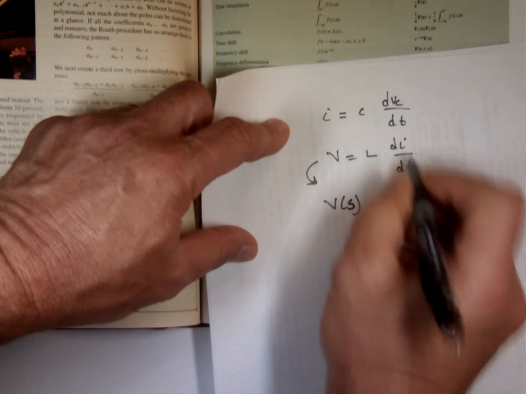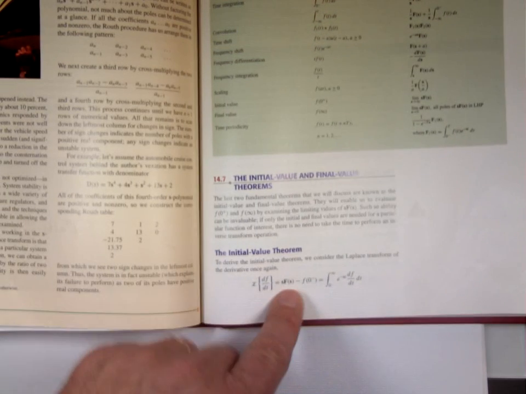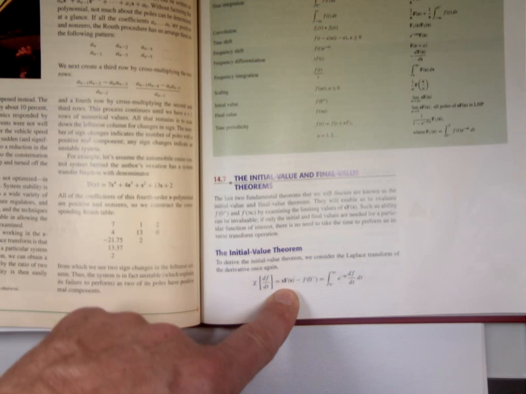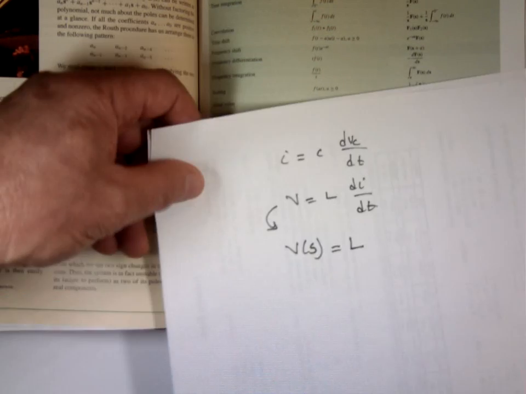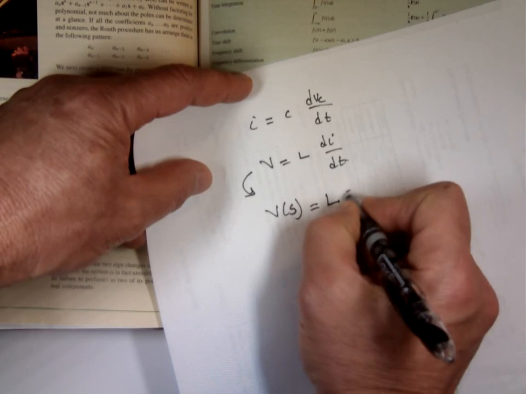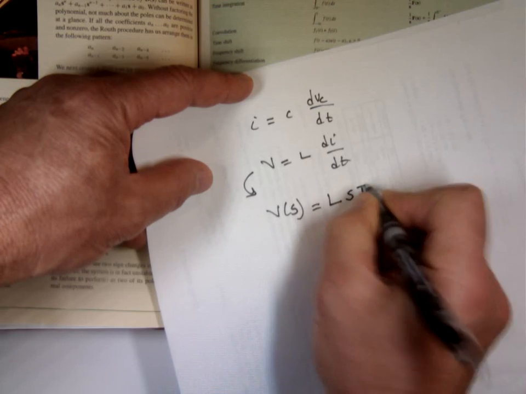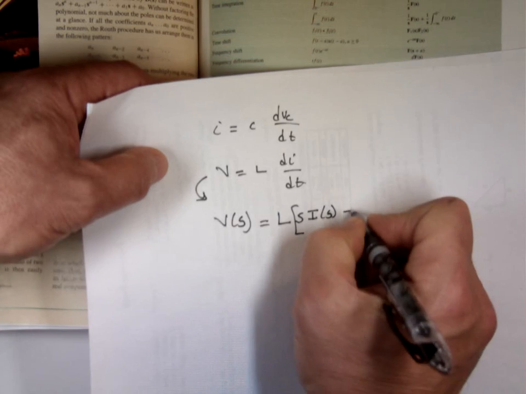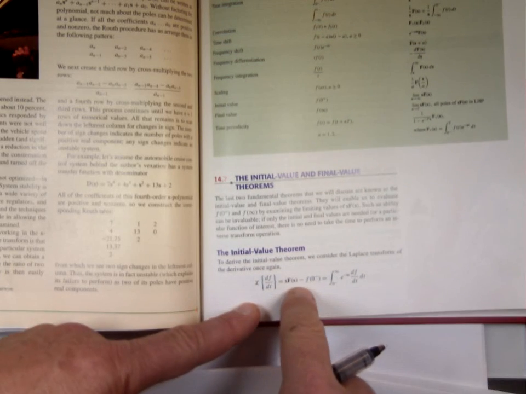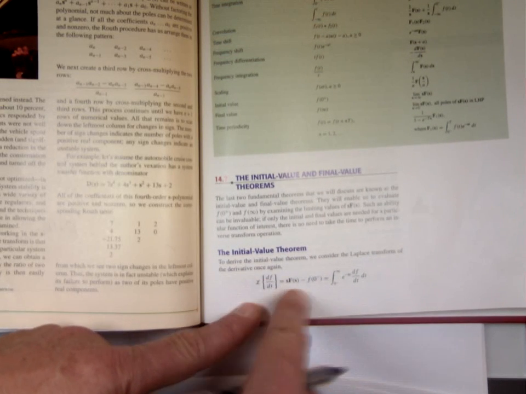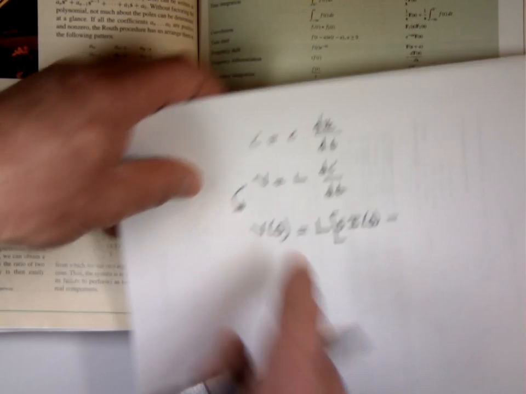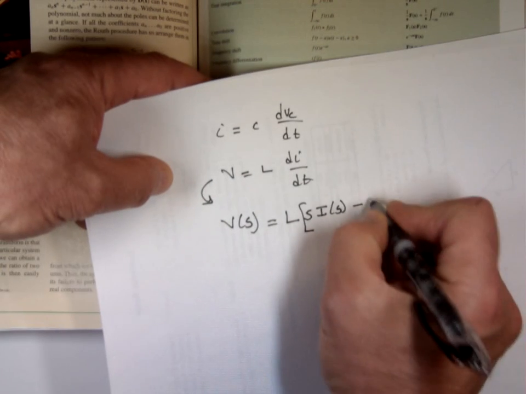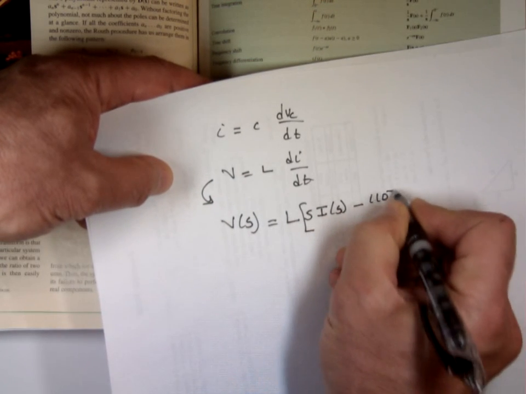According to this one, it's s times F of s. So it's s times I of s minus, now again, you're talking about the derivative, you want to take the value of this function at 0: I of 0. That's the Laplace of it.